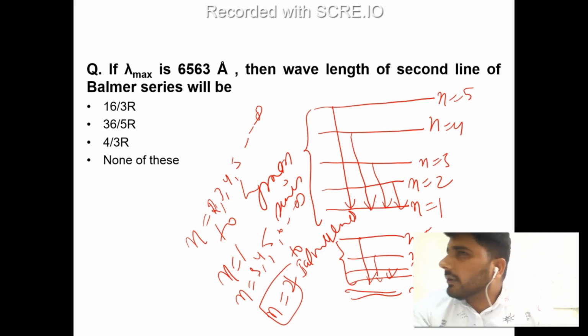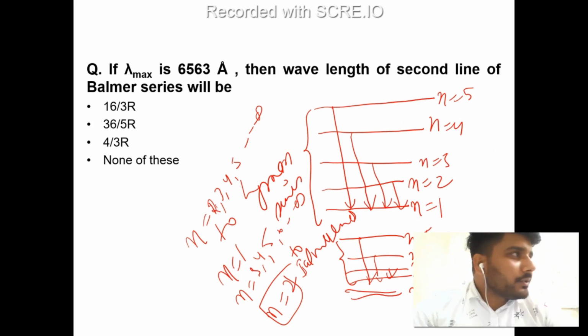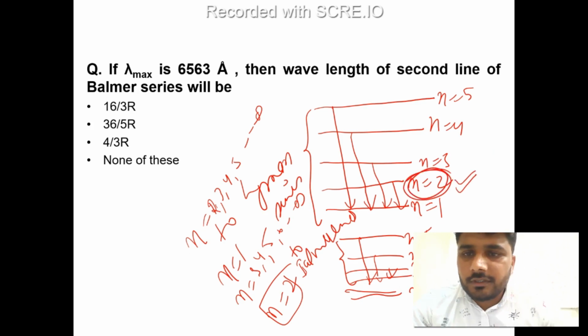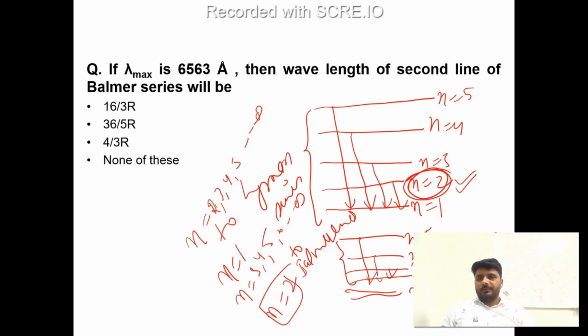If the electron is emitting some energy and returning to the second orbit having quantum number n equal to 2, then it will be called the Balmer series. So in this question you have to find the wavelength of the second line of Balmer series. What will be the first line? It will be 3 to 2.